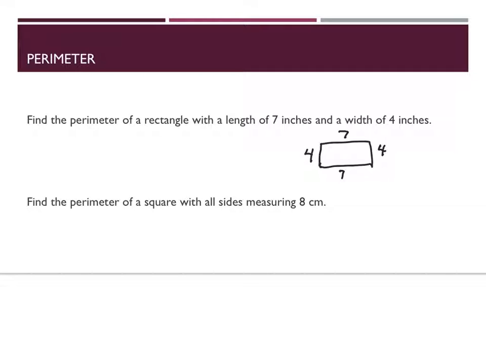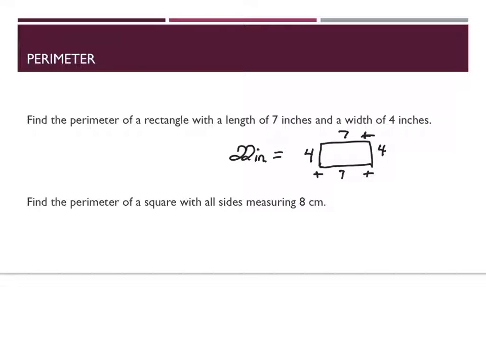Seven across from 7 and 4 across from 4. The easiest way is to just add up all 4 sides. So 7 plus 4 plus 7 plus 4 would equal 22, and those measurements are in inches.